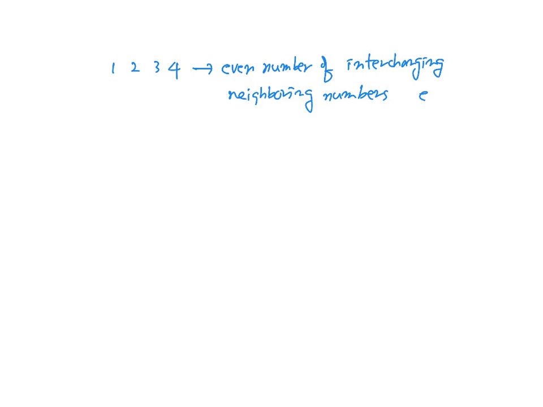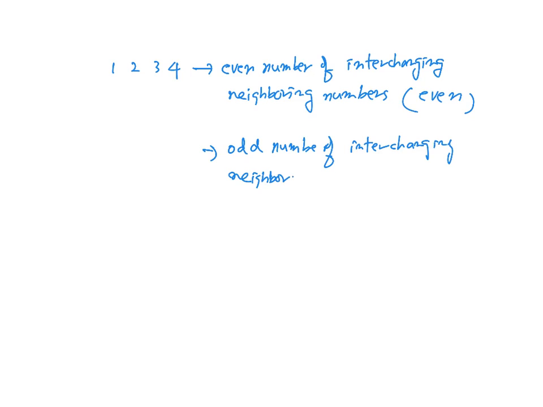Then it is even or odd. Interchanging neighboring numbers an odd number of times, we call an odd permutation.